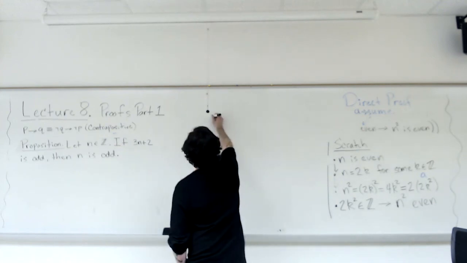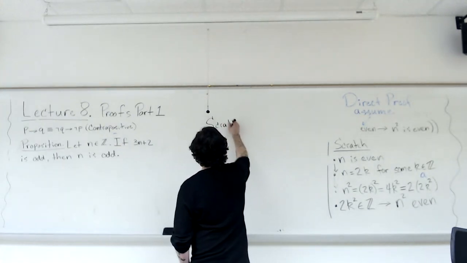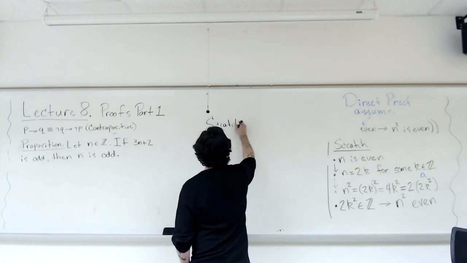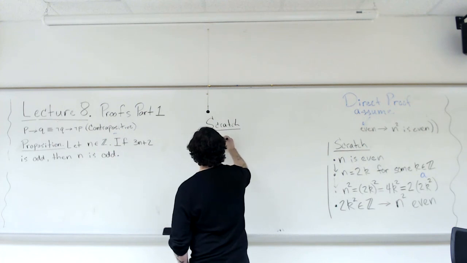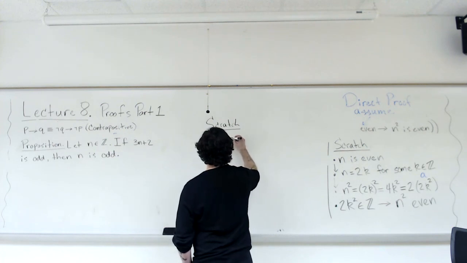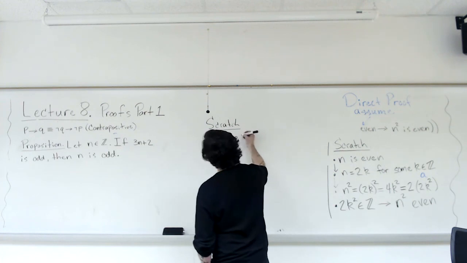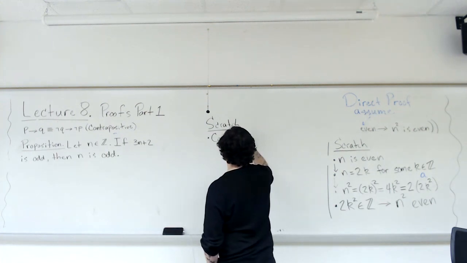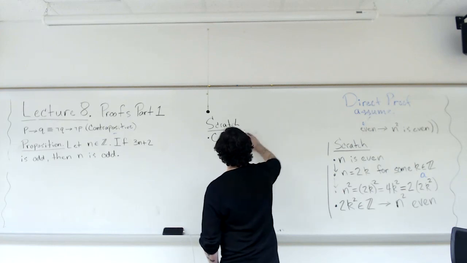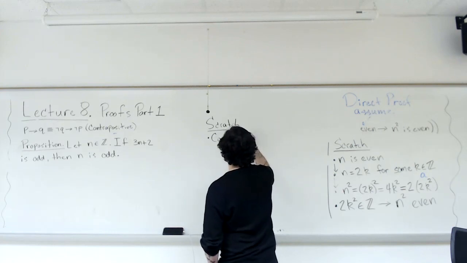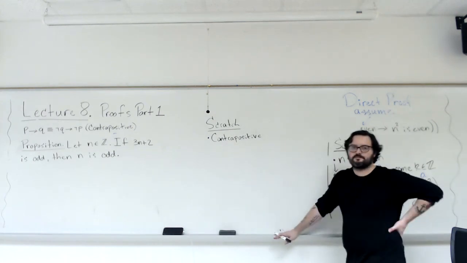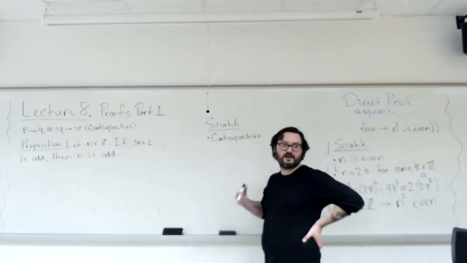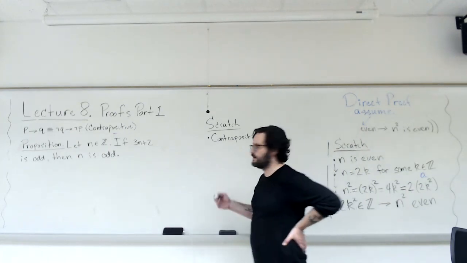So, scratch work. Notice now in my scratch work, I'm going to say contrapositive, or another way of saying that is contraposition. Now I'm not doing a direct proof, I'm doing a proof by contrapositive.